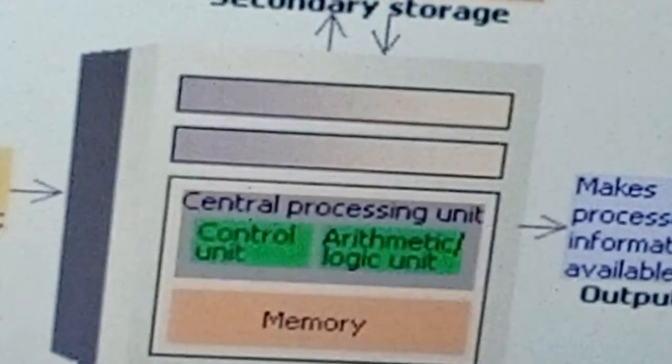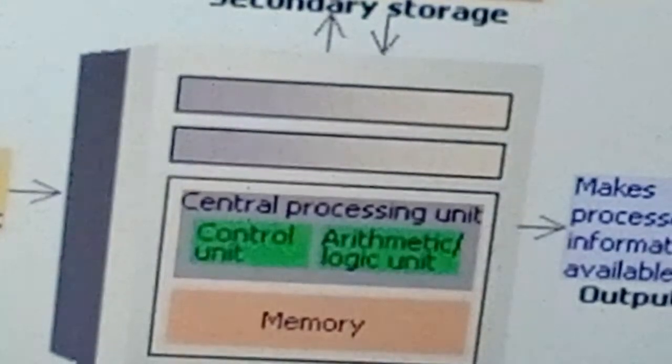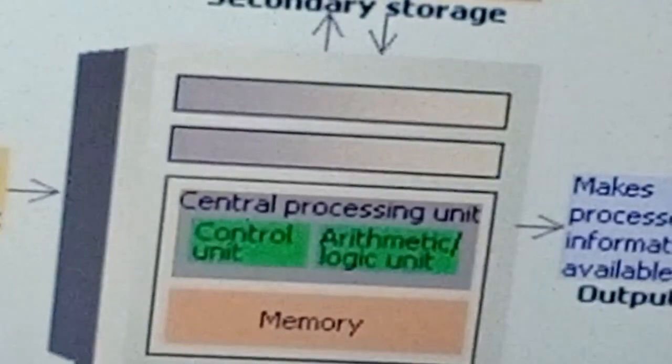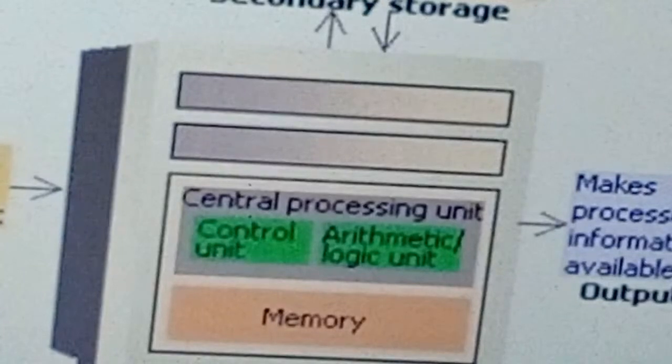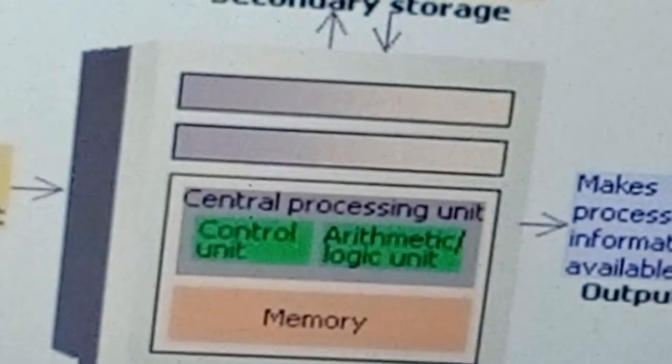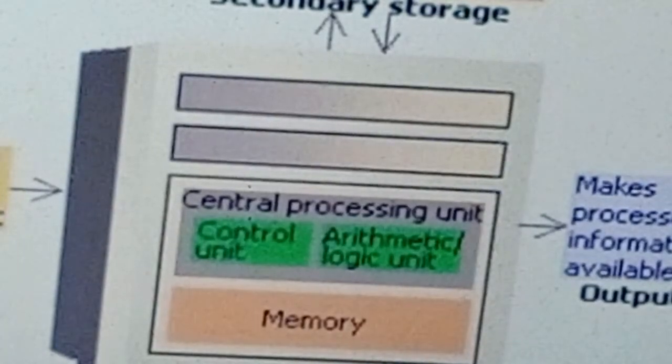That means when there is a power failure, we do not lose the data. Primary memory is the memory of a computer which can be directly accessed by the central processing unit.